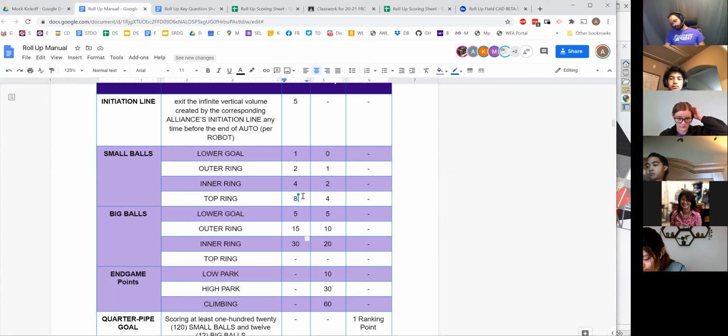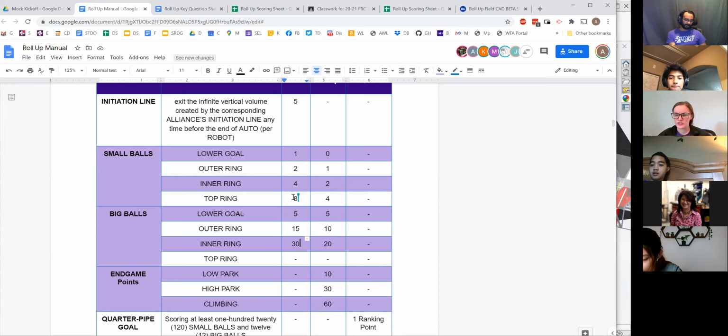Have we mentioned feeding earlier? We didn't talk about auton feeding at all. In theory, somebody could give you their small balls, so you could have more small balls in auto. Can you hold more than 10 in auto? You can only start with 10. As soon as auton starts, you can do whatever you want.